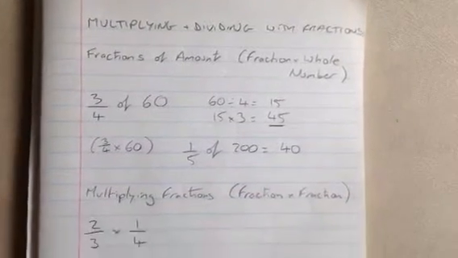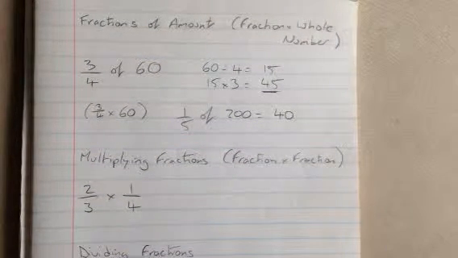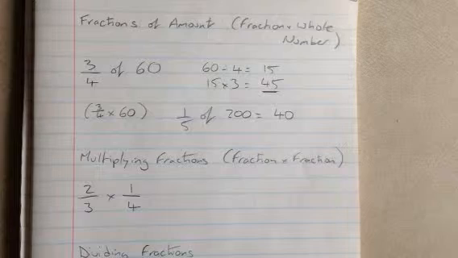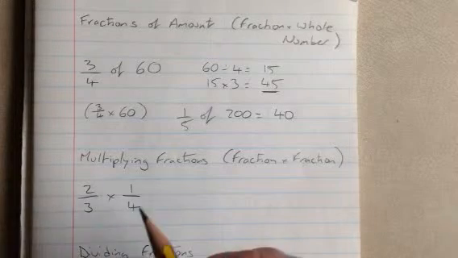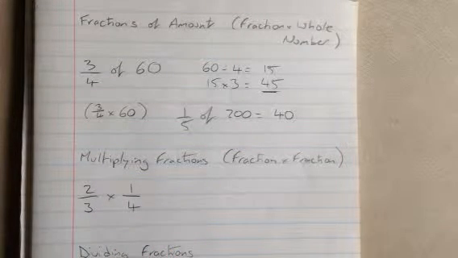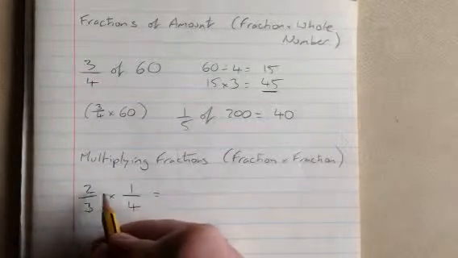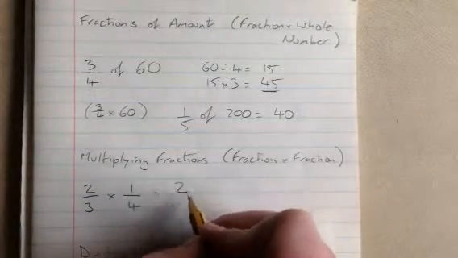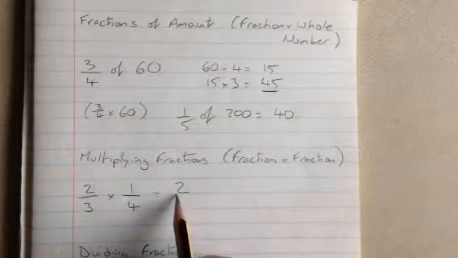Quite straightforward with that. Okay, multiplying fractions is another thing that's fairly straightforward. So a fraction multiplied by a fraction, all we need to do is multiply together the top and multiply together the bottom, and then if we need to, we might have to simplify. So 2 times 1 is 2, and 3 times 4 is 12.